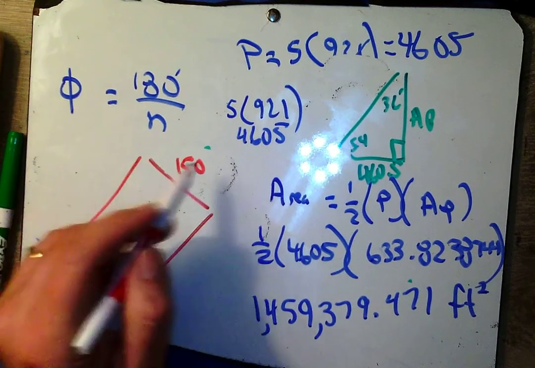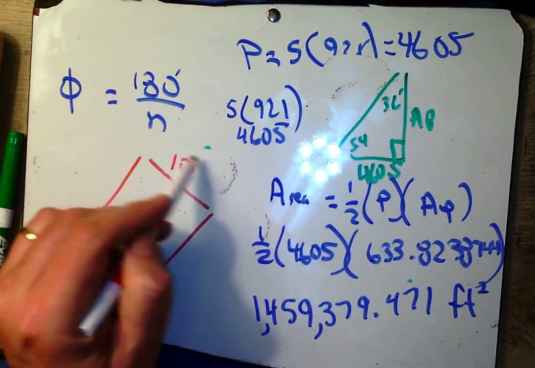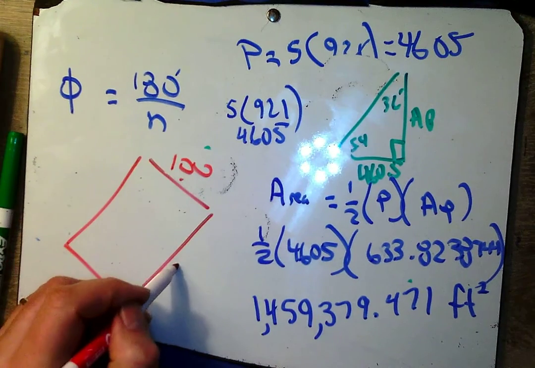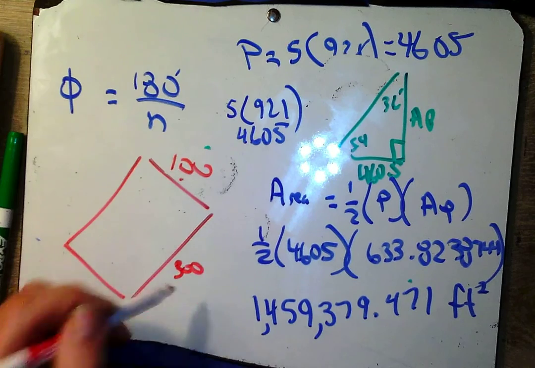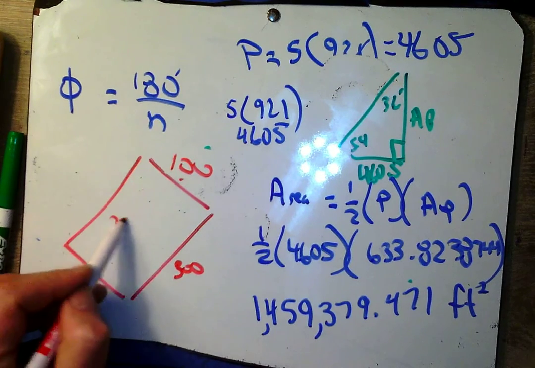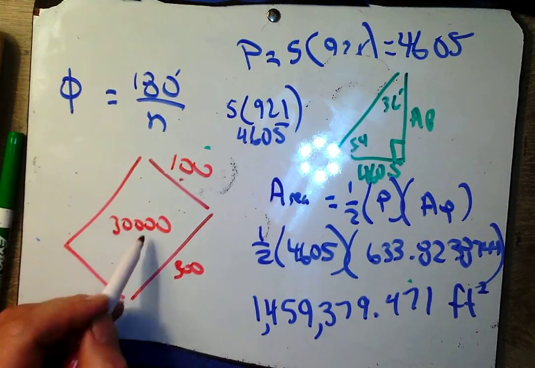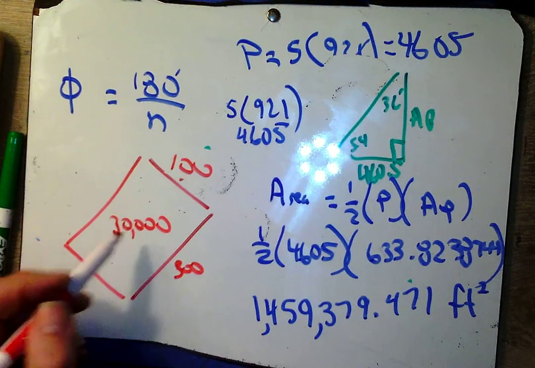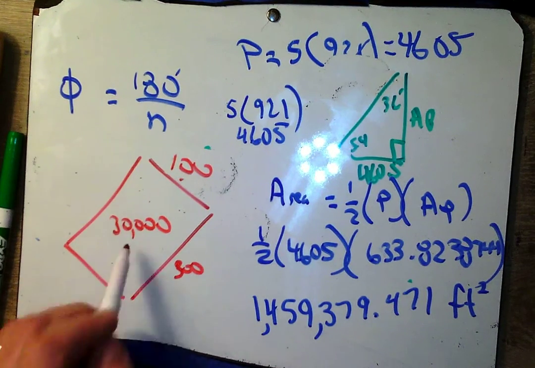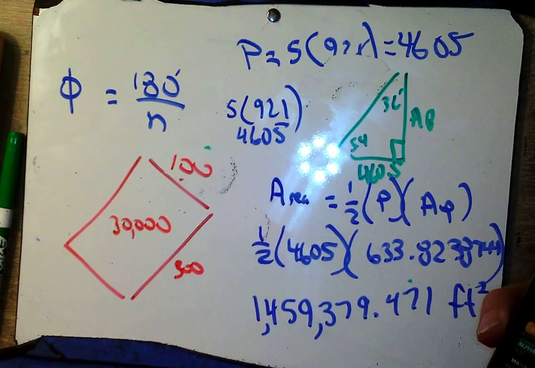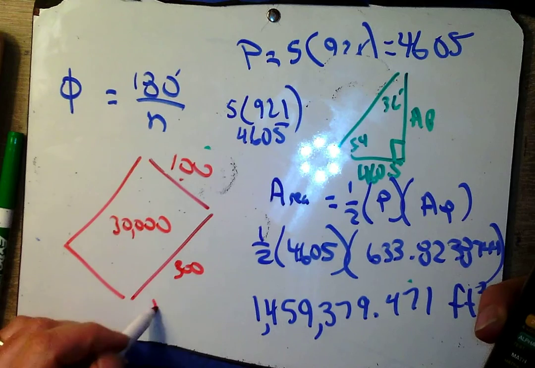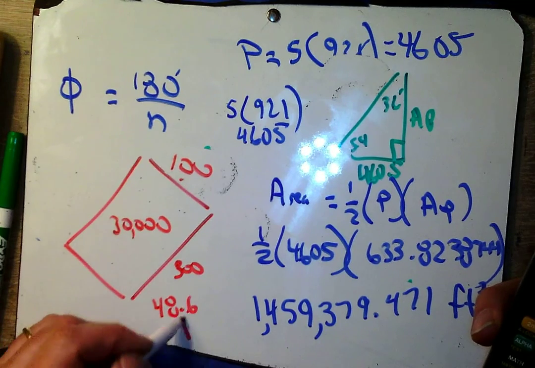Yeah, I'm going to go with 100 because I actually think it's 100 here and 300 here. And so we're looking at 30,000 square feet. So take this and divide it by 30,000, and I get 48.6 football fields.